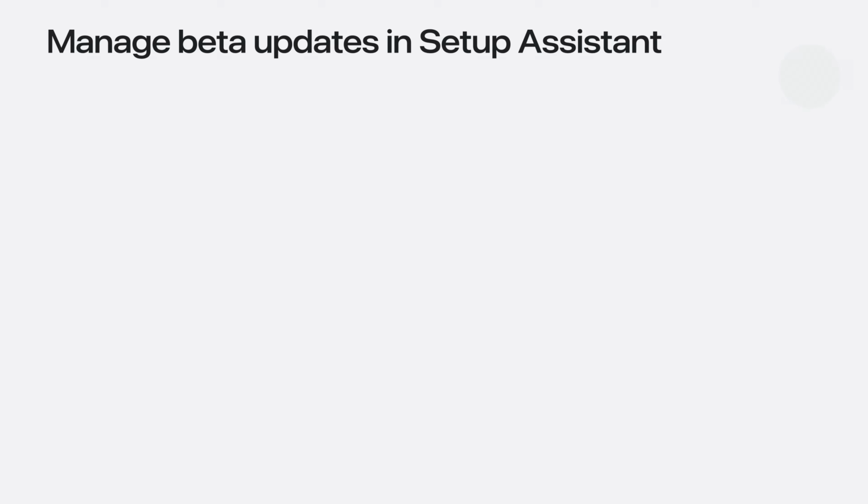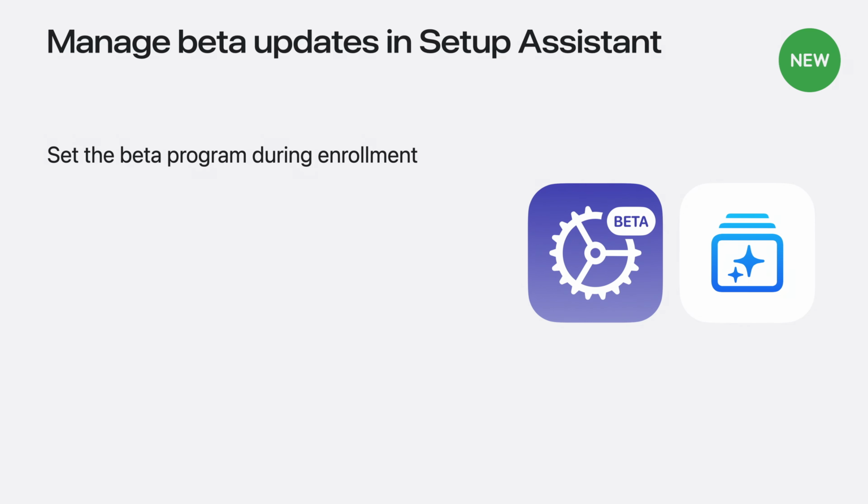After enrolling a device into management, an MDM solution can use those tokens to offer, enroll, unenroll, and block supervised iPhone and iPad devices from beta programs using the Beta Dictionary in the new Software Update Declaration. Additionally, the beta program can be set during automated device enrollment in Setup Assistant, starting with iOS and iPadOS 17.5 and macOS 14.5.